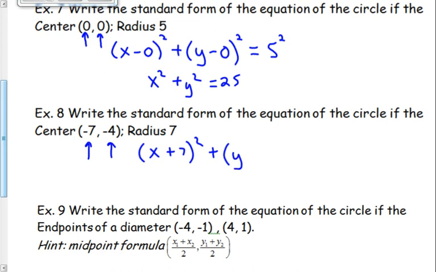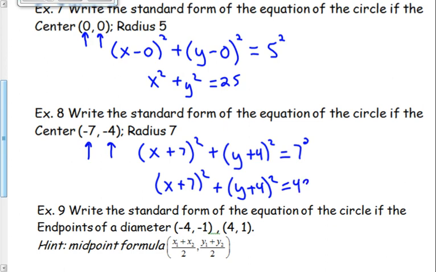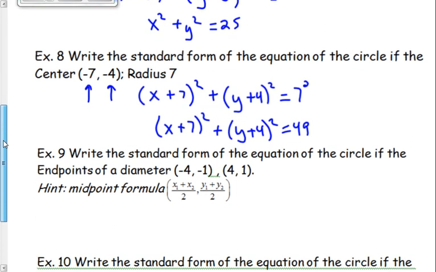So I do y minus negative 4, so plus 4 squared. And my radius is 7, so I do 7 squared. So if I finish by squaring the 7, that gives me x plus 7 quantity squared plus y plus 4 quantity squared equals 49. There's your simple way to do it, just plugging the numbers in and simplifying.